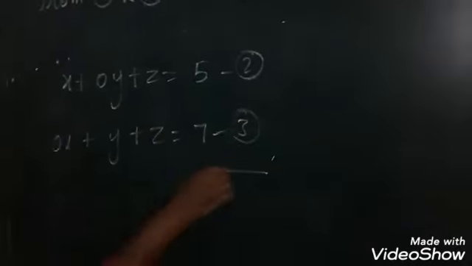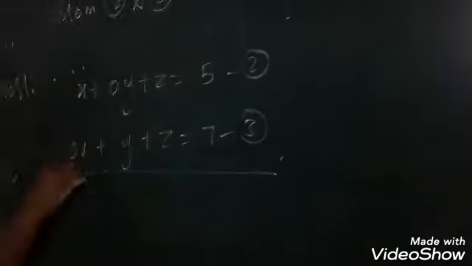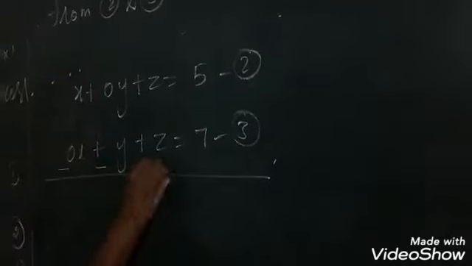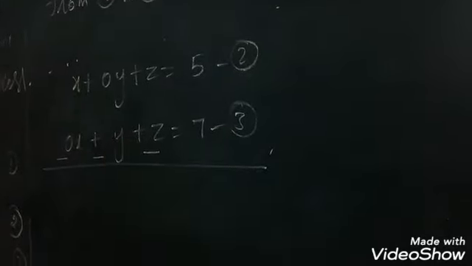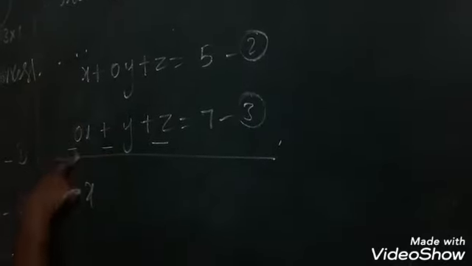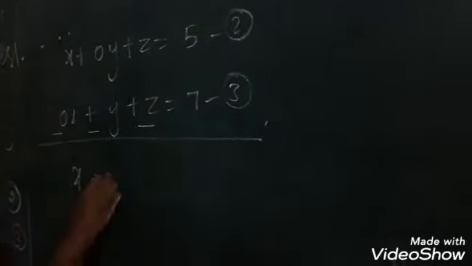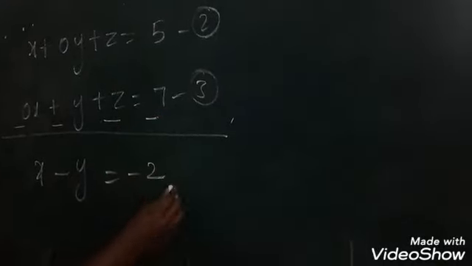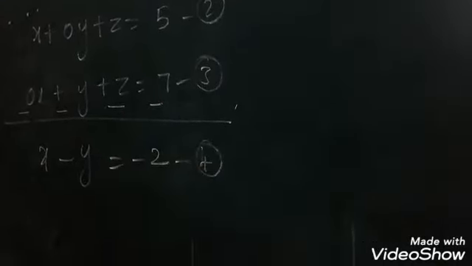This is called the third equation. The missing term I put 0, girls. Now I am going to eliminate: here minus, here minus, here minus. So the z should be cancelled, and the remaining is x. Here x plus 0x, then 0 plus y minus y, is equal to, now if you subtract, you will get 2. This is considered as equation number 4.